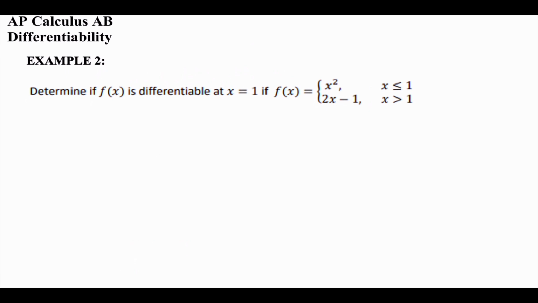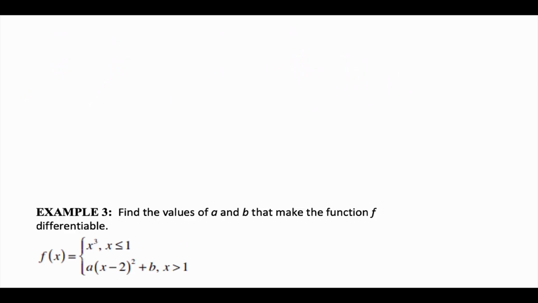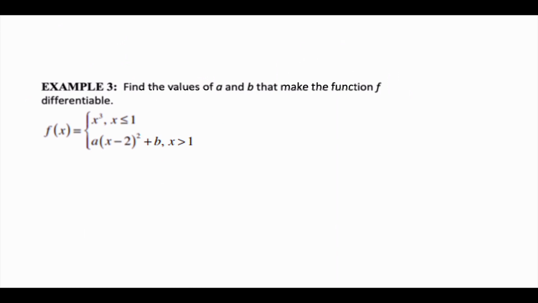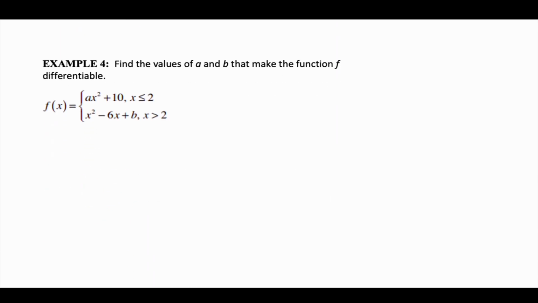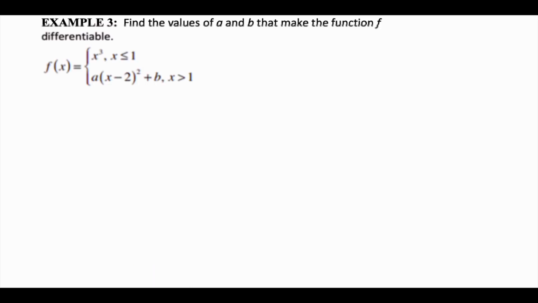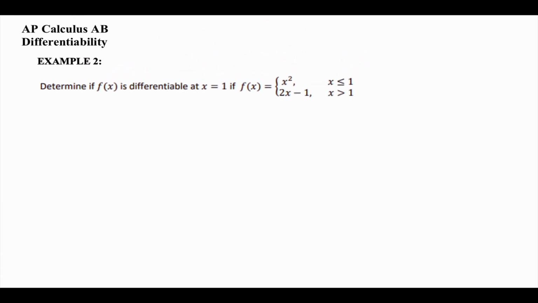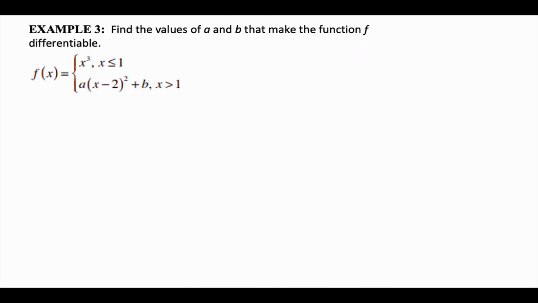So do example number 2 and example 3. The example number 4 and the last one you don't have to do. So example 2 and 3 on the same page. Do those as practice. So example 2 here, and then example 3 below it.